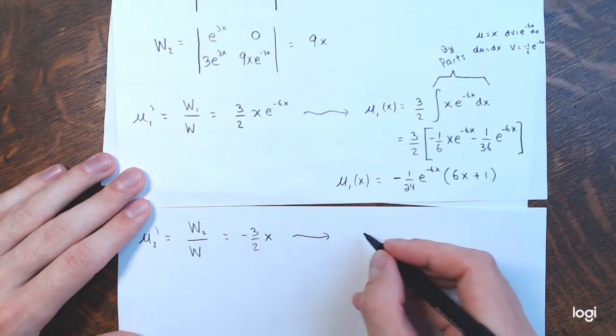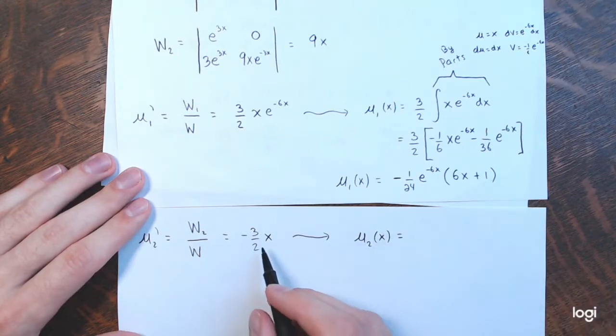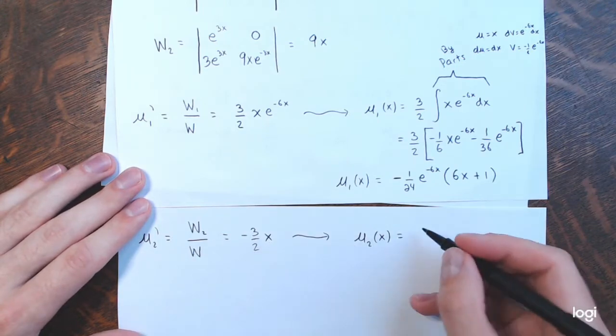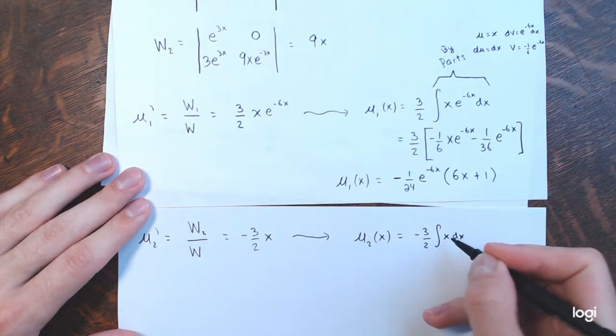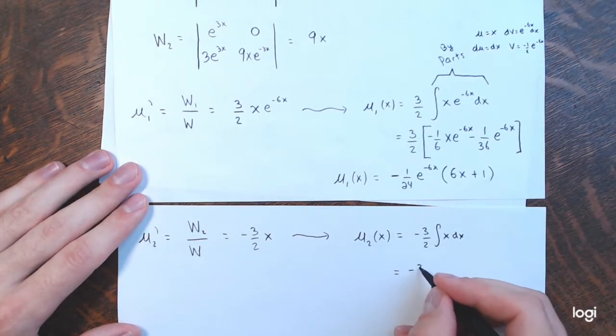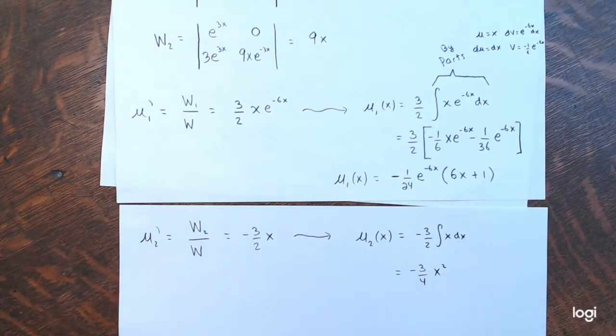And then integration yields u2 of x equals negative 3 halves times the integral of x dx, which is just half x squared, right? So negative 3/4 x squared, and then again, don't worry about plus some constant.